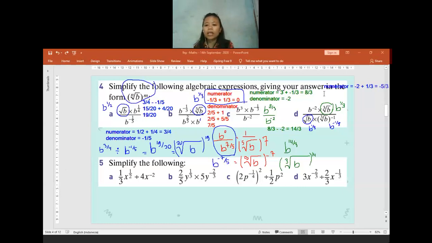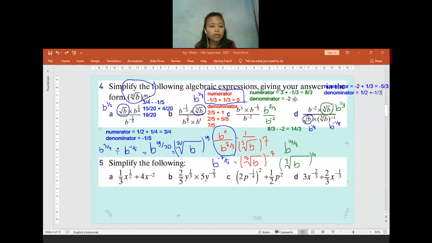For the denominator now, what do we have in the denominator? We have square root, 1 per 2 plus negative 1 per 3.